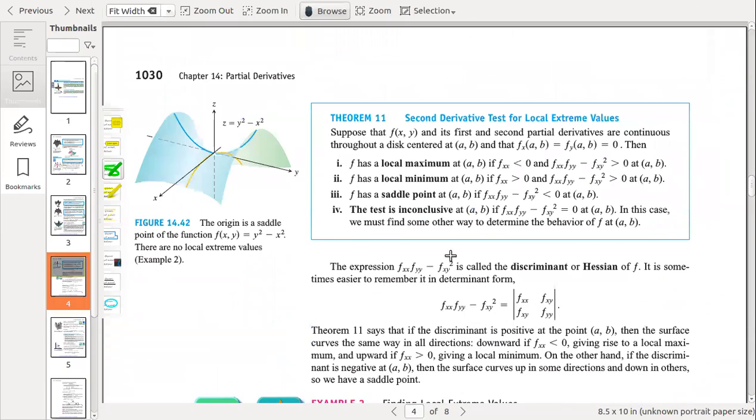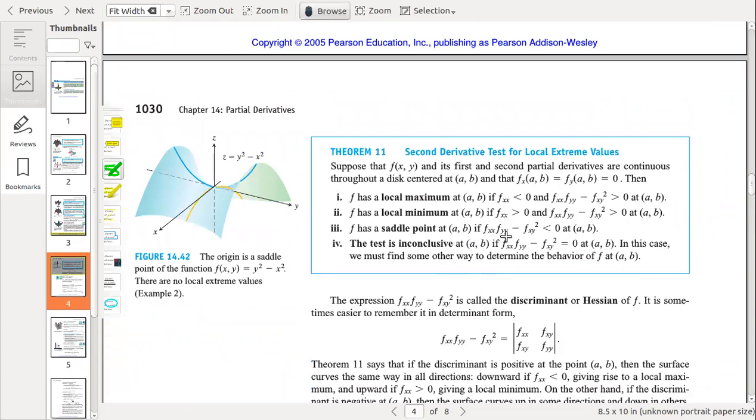So here is another second derivative test for local extreme values. Suppose that f(x,y) and its first and second partial derivatives are continuous throughout a disk centered at (a,b), and that partial f over partial x at (a,b) equals partial f over partial y at (a,b) equals 0.